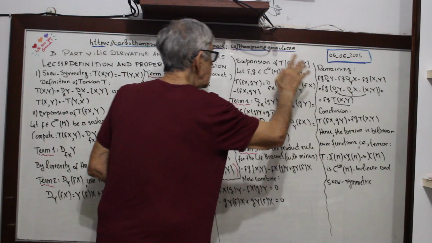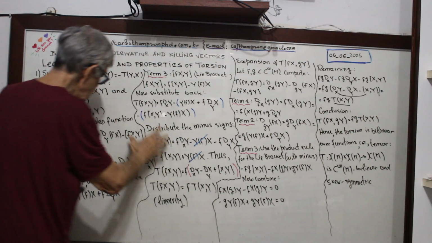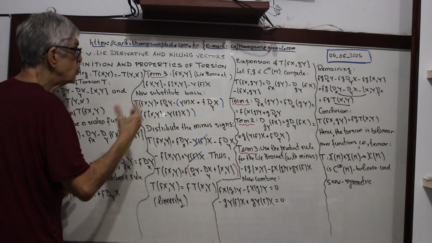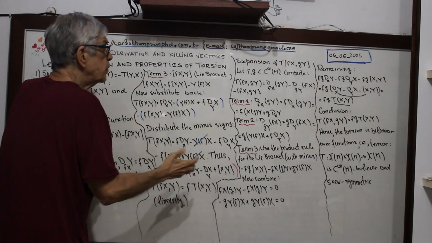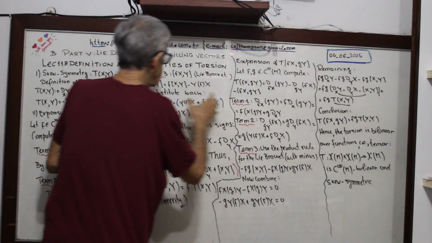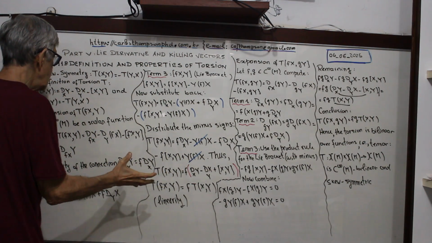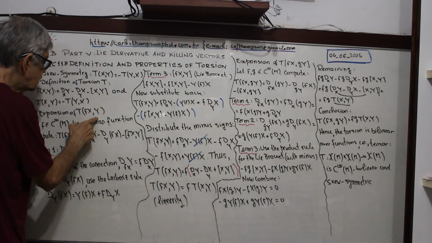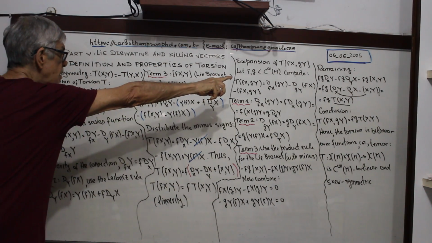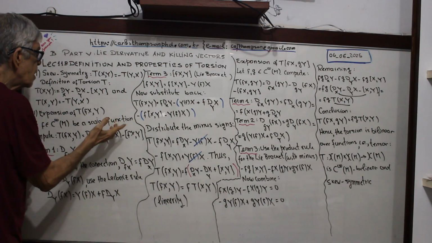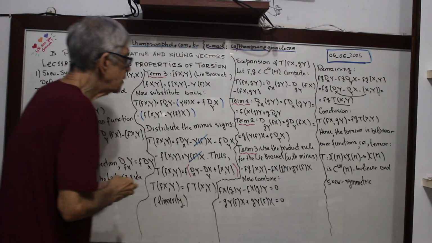So this is the important derivation and the final result, T(fx, gy). Here you can just plug in g equal to 1, as you see from there. So that's it.